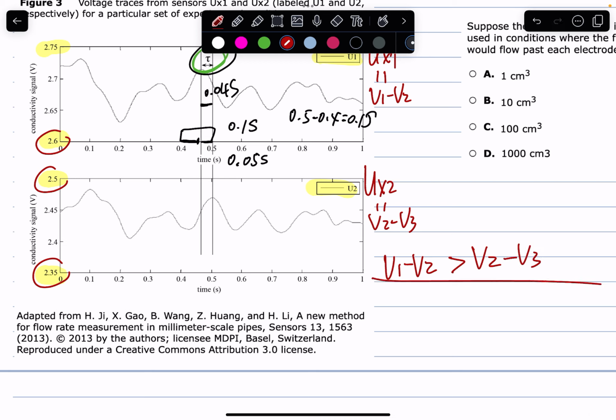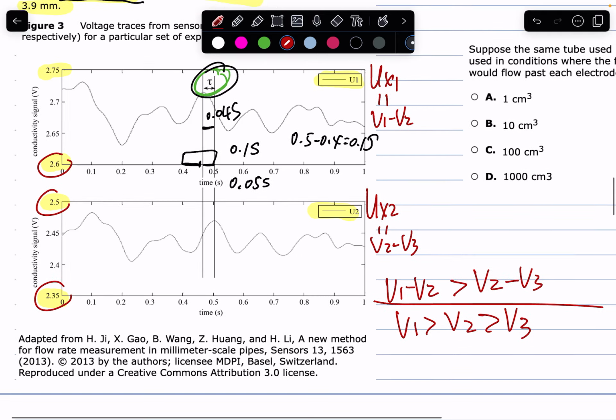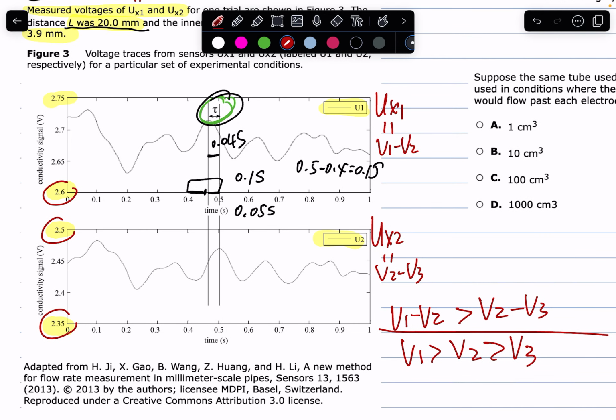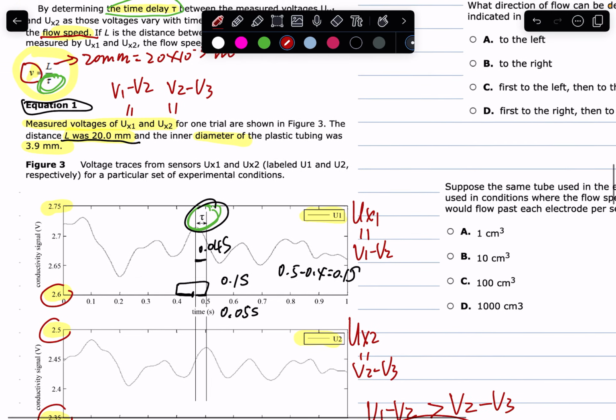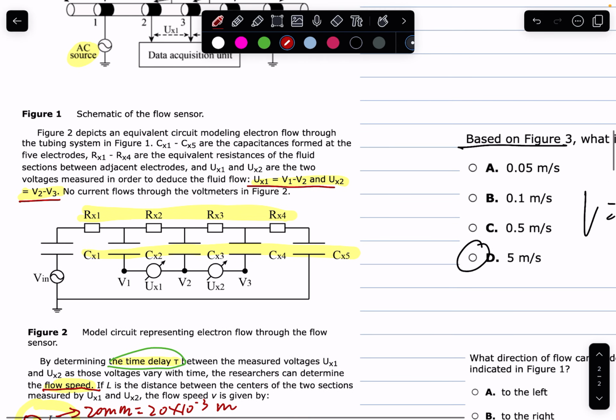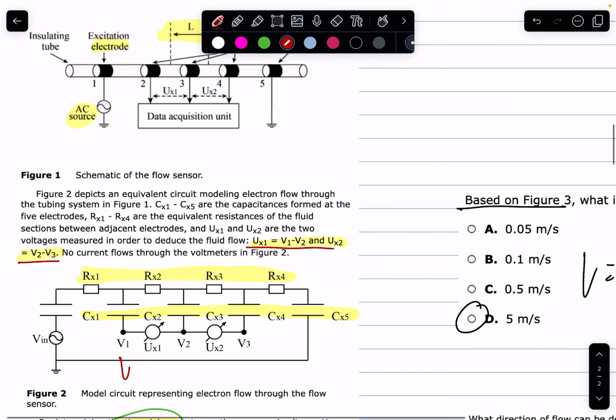What does that tell us? V1 is larger than V2, which is larger than V3, because V1 minus V2 equals U1, and all of U1 are positive numbers. So you must know that V1 is larger than V2, and V2 is larger than V3, which gives you this relation, V1 larger than V2, larger than V3.